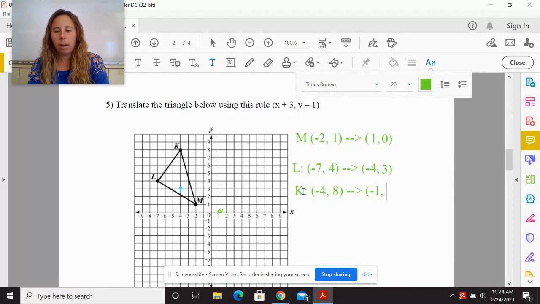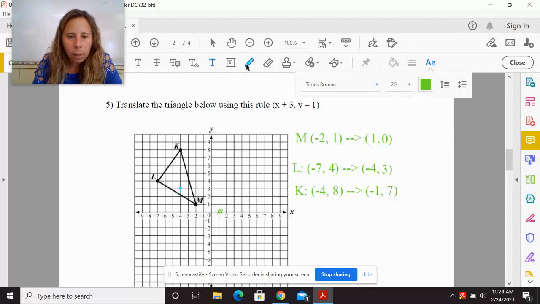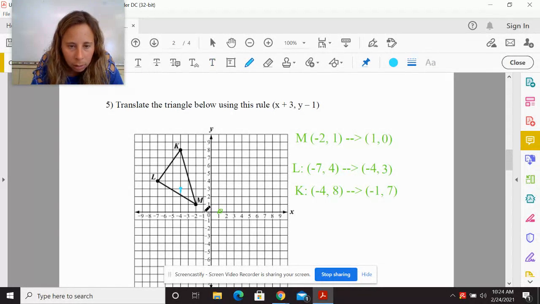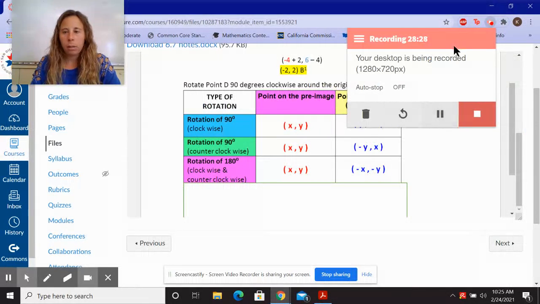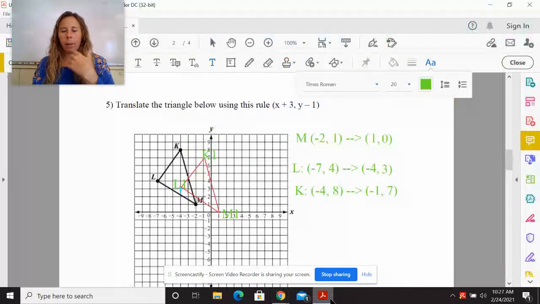And then down 1, so 8 minus 1 is 7. So I get -1, 7, which is right there. Let me pause you while I put in my lines. All right, there we go. Drew in all my lines.